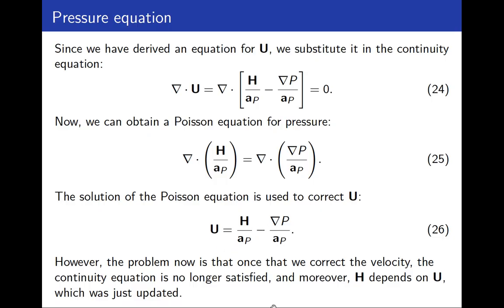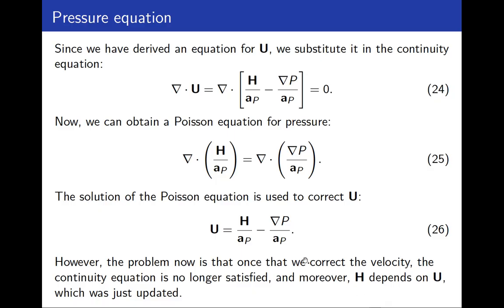But here there is a problem. Once we correct the velocity, the continuity equation is no longer satisfied, because we just use the new value of pressure gradient to obtain a new value of velocity, but it will no longer satisfy the continuity equation.